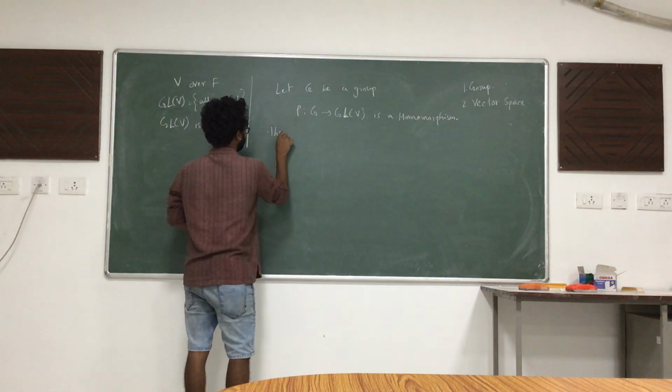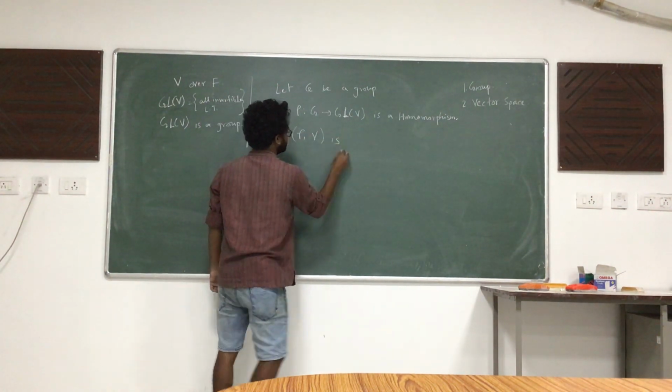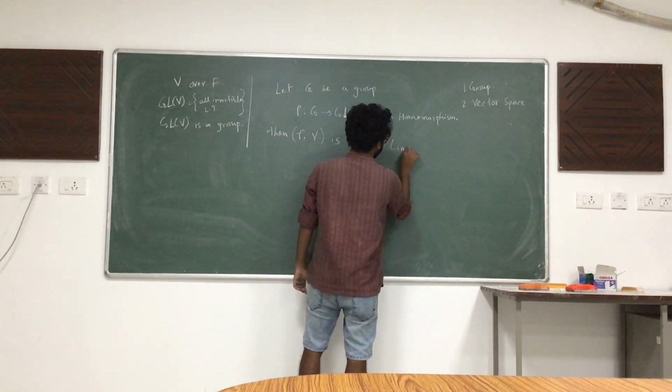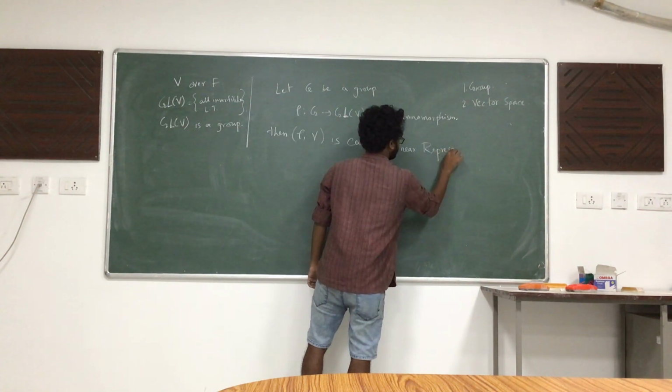Then rho comma V is called a linear representation.